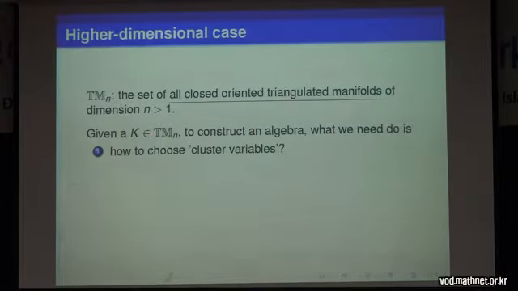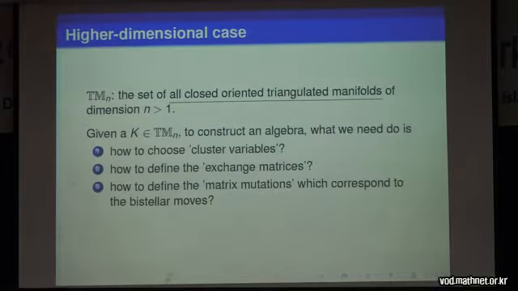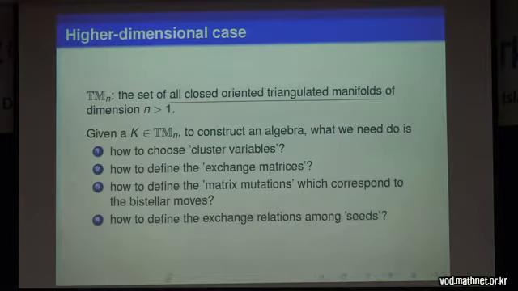Given triangulated manifolds, we need to do how to choose cluster variables, how to define the exchange matrix, how to define the matrix mutation which corresponds to the bistellar move, and how to define the exchange relation around the seeds.